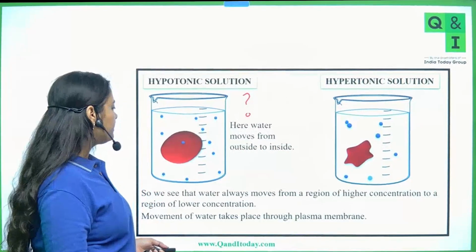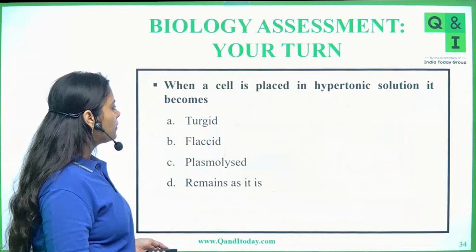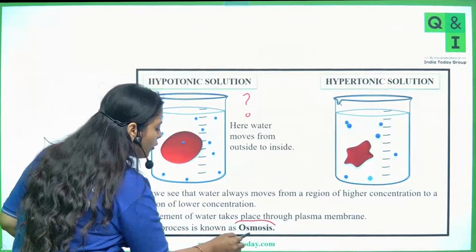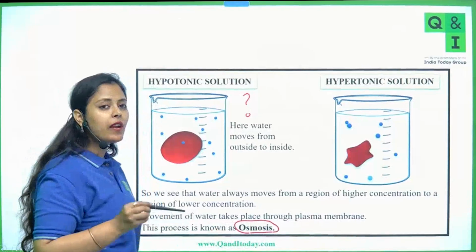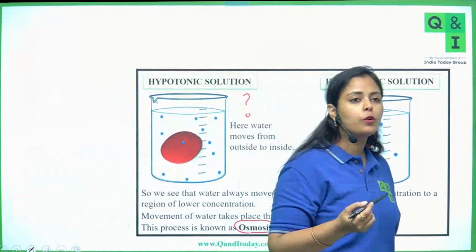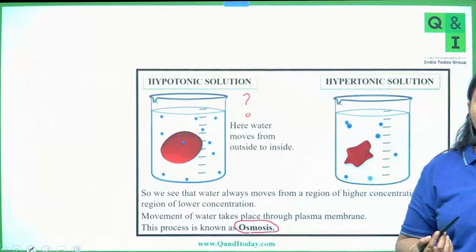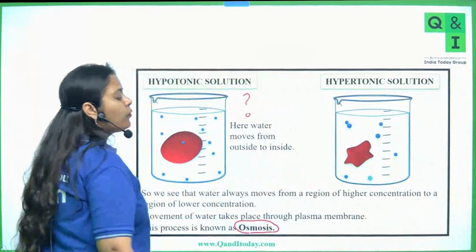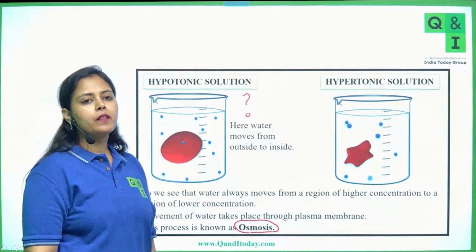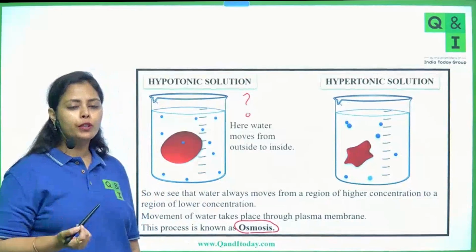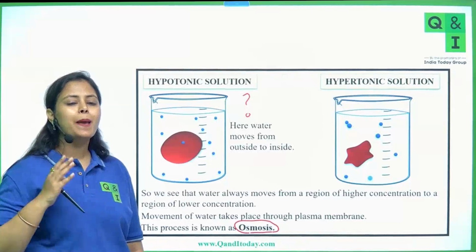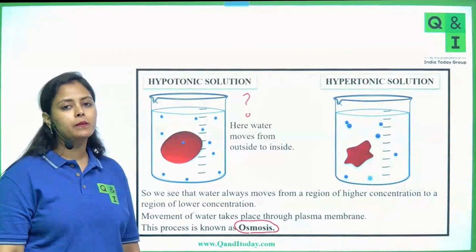Now, write down the definition of osmosis in your notebook. Everyone, please write down the definition of osmosis in your notebook. I am going to dictate. The movement of water across a semi-permeable membrane.